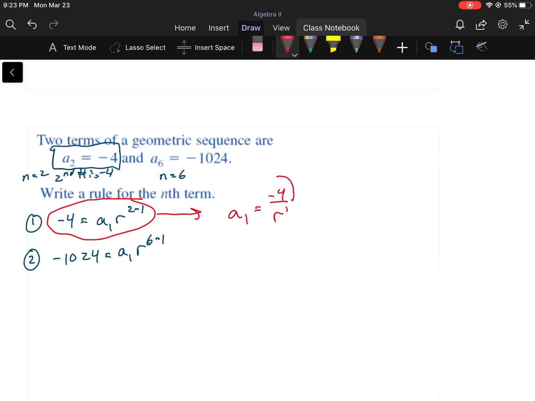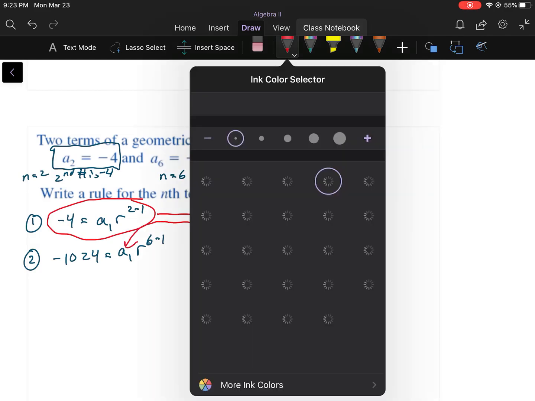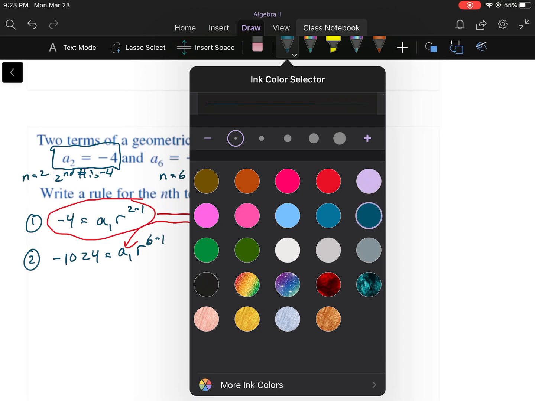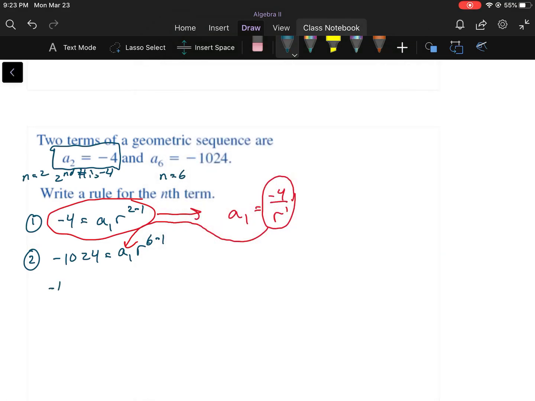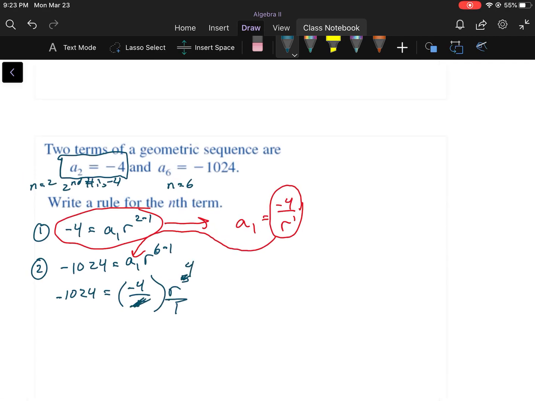Now, in substitution, I'm going to take this red equation I just came up with and put it into my original other equation wherever I saw a sub 1. So I've got a new equation with negative 1024 equals, and then again r to the 5th, which over r to the 1st, those r's would cancel out, r to the 4th.